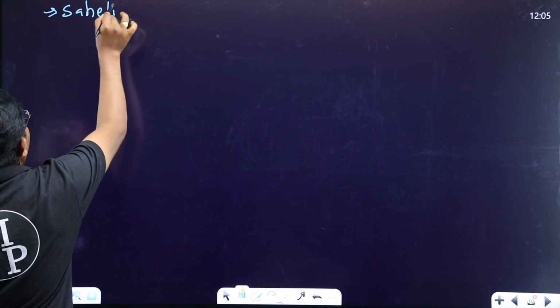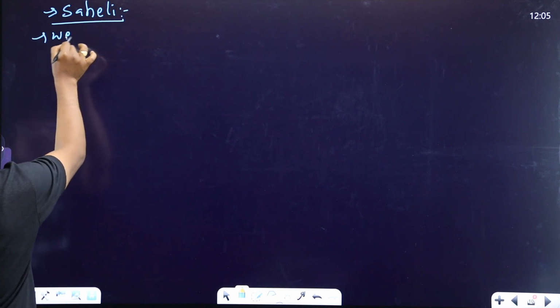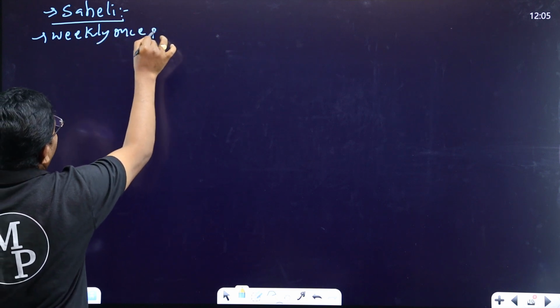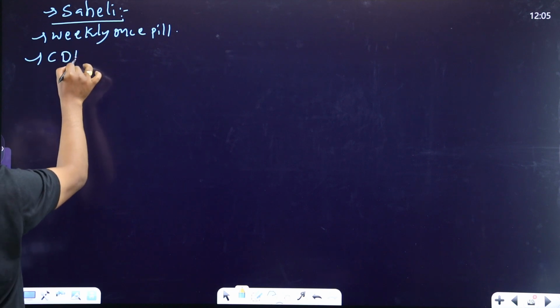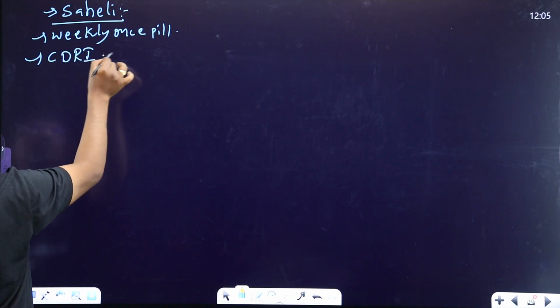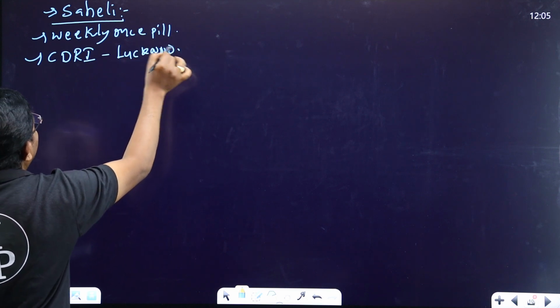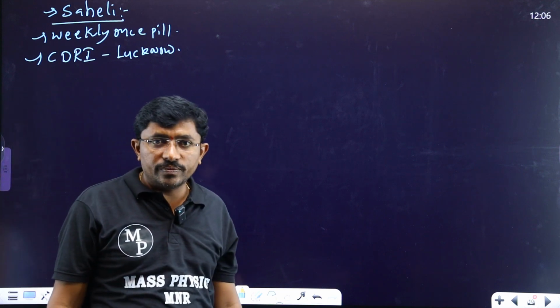It is a very important point. The Saheli is a weekly once pill. It was first prepared at the Central Drug Research Institute, Lucknow.